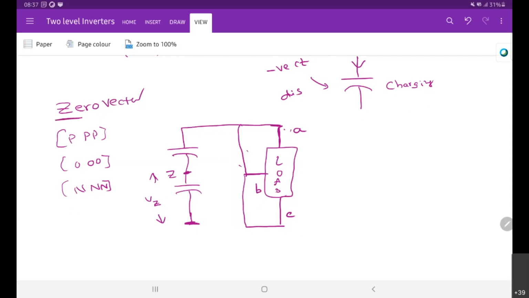Now the question is, will the zero vector affect this neutral point voltage Vz?